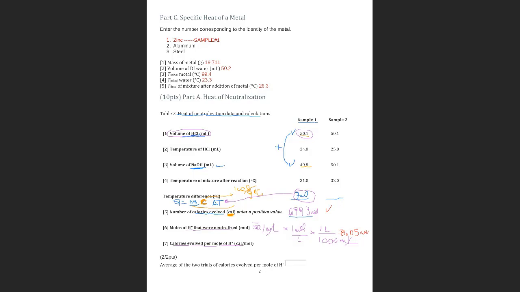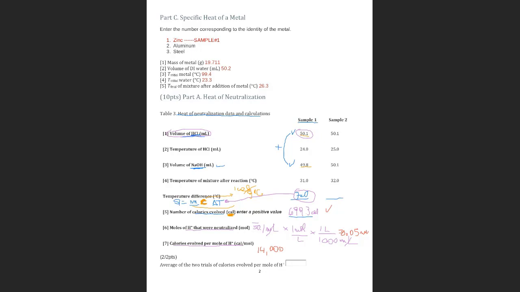And then when you do that, for 7, if I round it with the sig figs, I got 14,000.